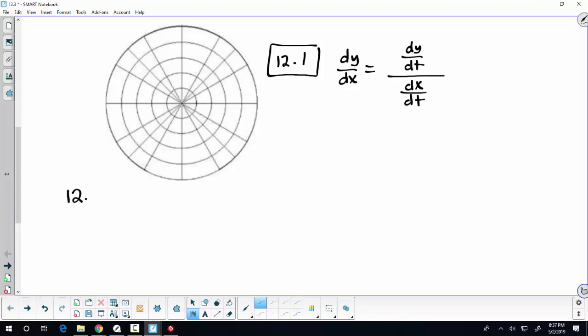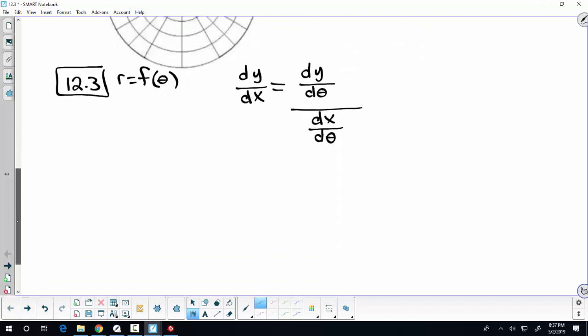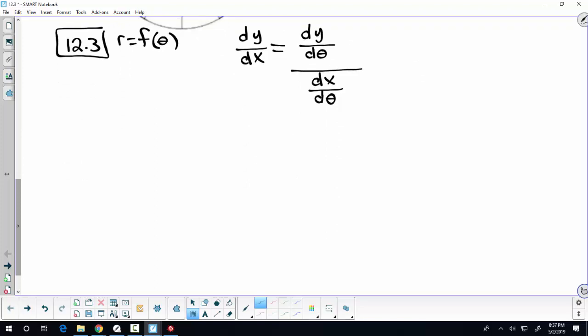So here in 12.3, when we're talking about the polar equation r equals f of theta, the derivative of y with respect to x, dy over dx, we're going to look at as the derivative of y with respect to theta, there's our parameter, over the derivative of x with respect to theta. Okay, so that's what we're looking at, and we're about to make sense of that.